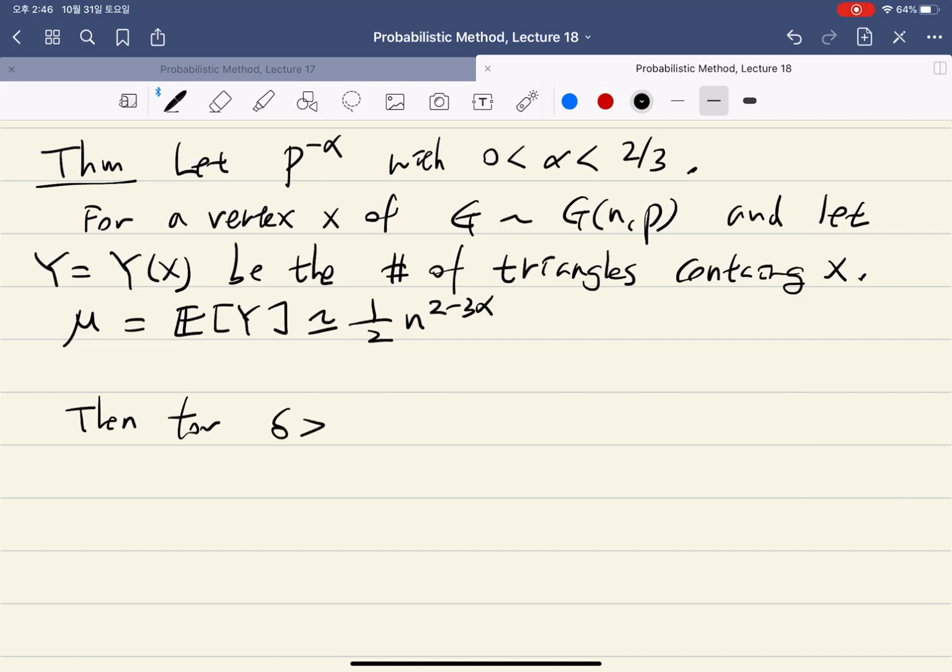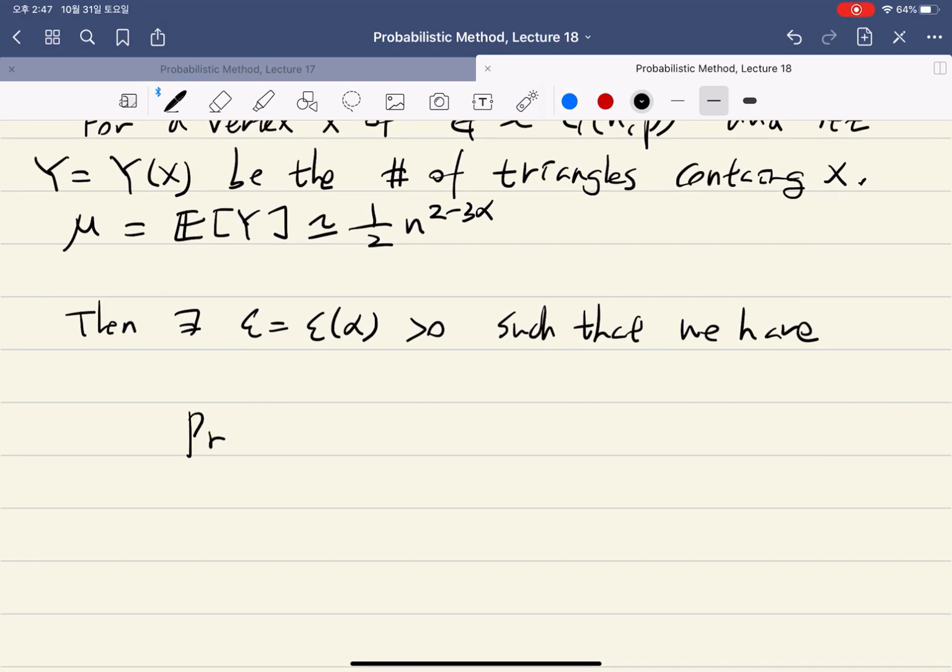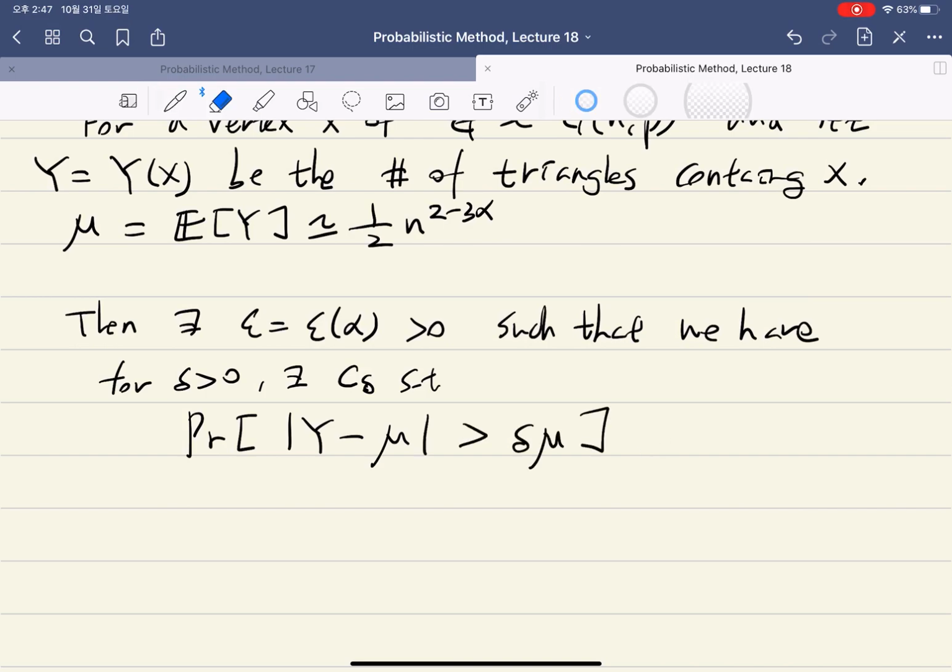Then let's say there exists epsilon, depending on alpha, such that for delta, there exists, say, C delta, such that the probability that the difference between Y and mu is more than delta mu is at most exponentially small in here.